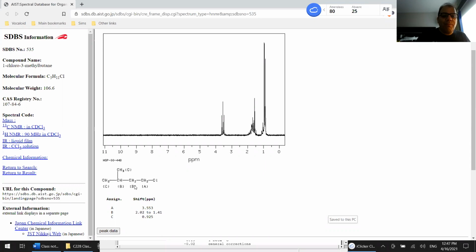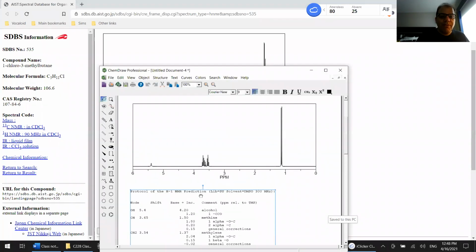This CH2 would be split into a triplet, and that's exactly what we see. Meanwhile, once again, these 6 hydrogens are going to be split into a doublet, but I wonder if ChemDraw is going to be able to do a better job there. Let's see.